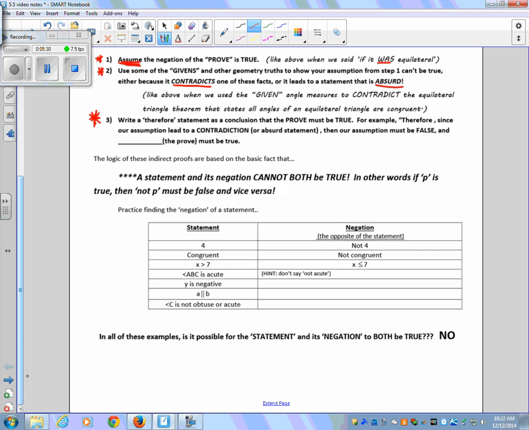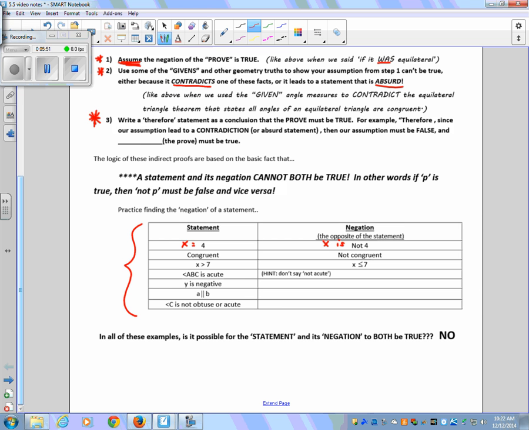Okay, so this is a little practice here of finding the negation of a statement. So if the statement says, something is 4, then the negation of that is that something is not 4. Let's say x is 4. Well, the negation, x is not 4.